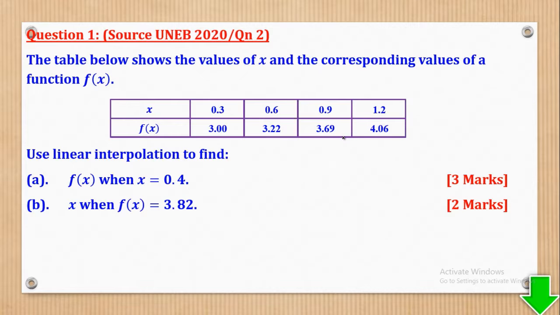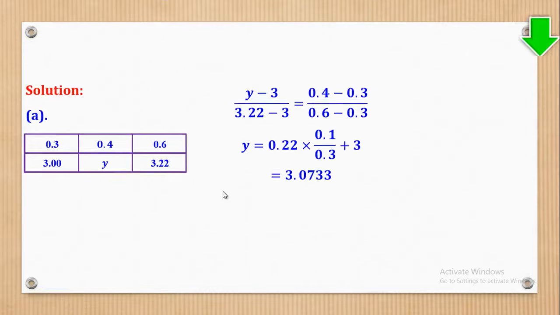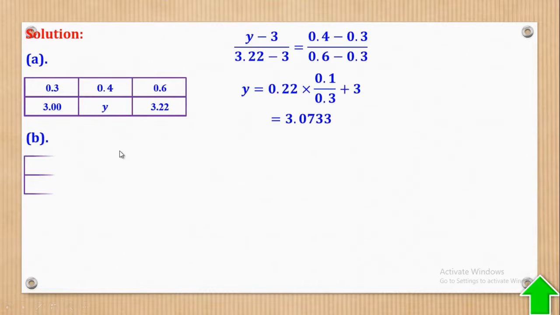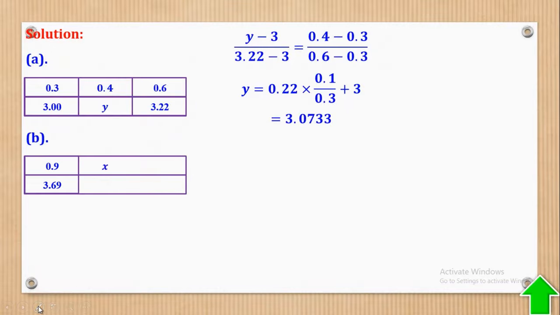So let's do that. These are the two values in the table, but we were given this value and this one is unknown, and it's what we want to get.